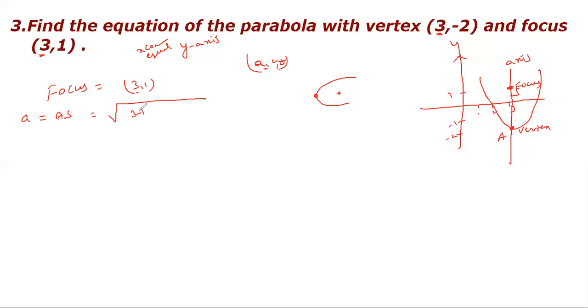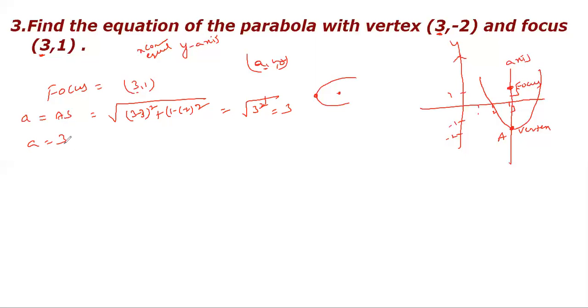So 3 minus 3 whole square plus 1 minus of minus 2 whole square. 3 minus 3 is 0, and 1 minus of minus 2 is 1 plus 2, which is 3. So finally we get a equals 3.